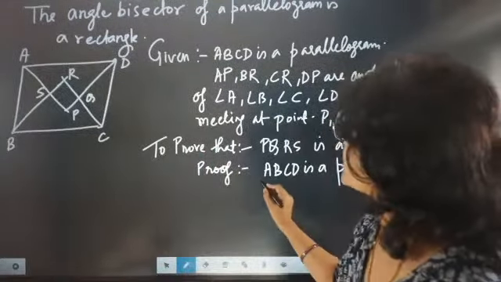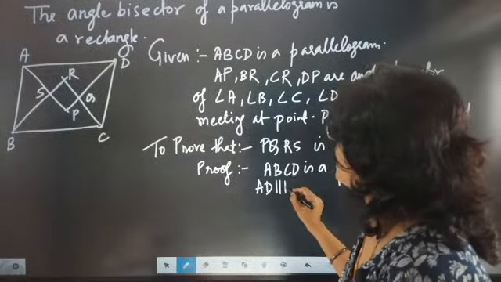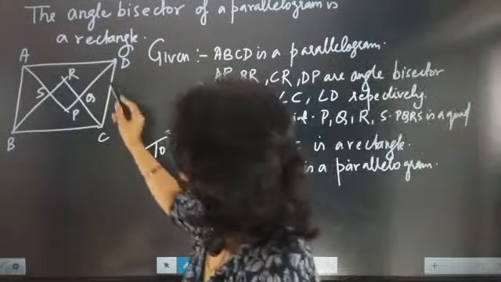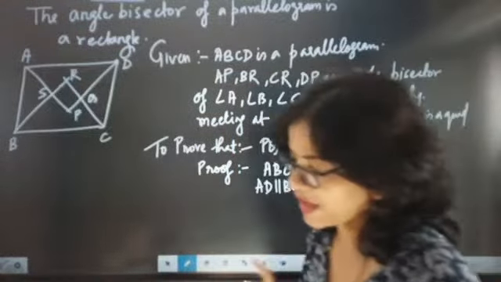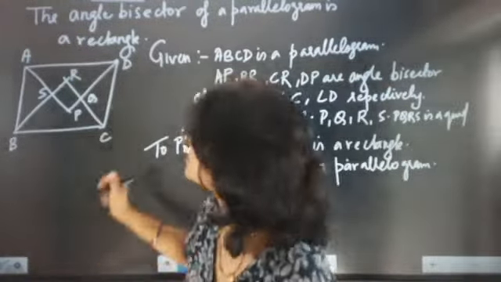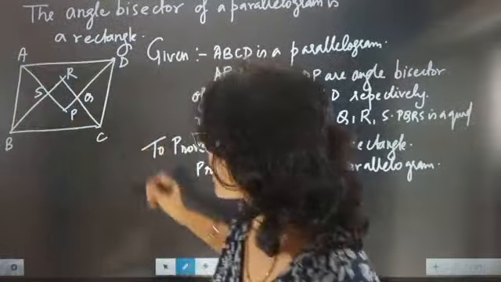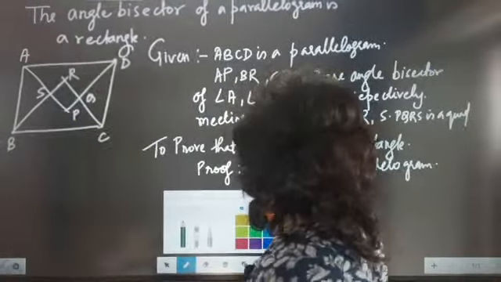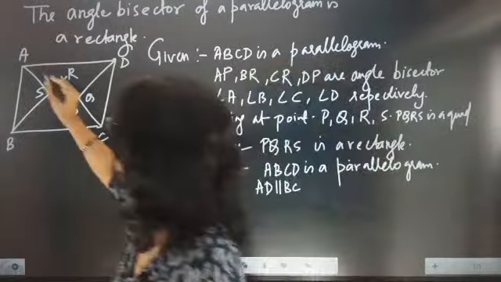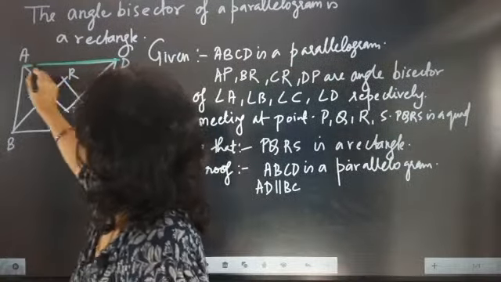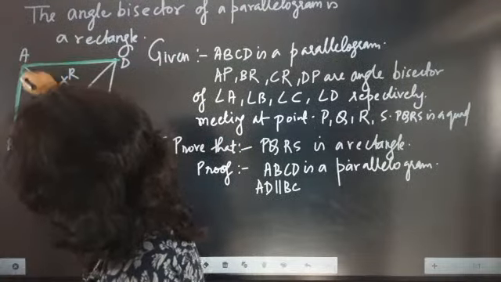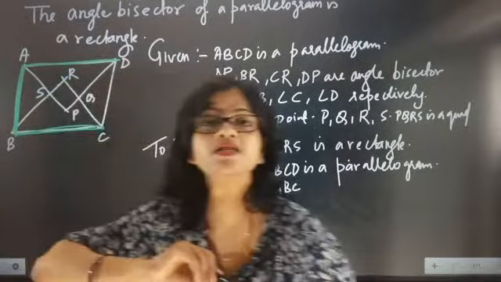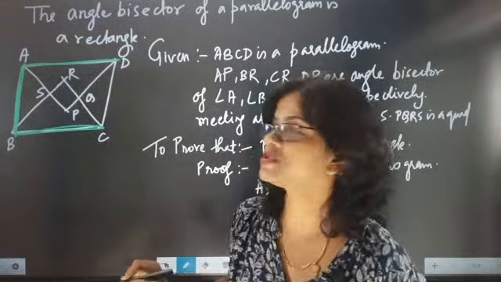Now we can say that since it is a parallelogram, AD will be parallel to BC. Also, AD is parallel to BC and AB is a transversal. Just check this out, I'm going through the shortest path. Look here, this line AD is parallel to BC, and this is coming as a transversal.